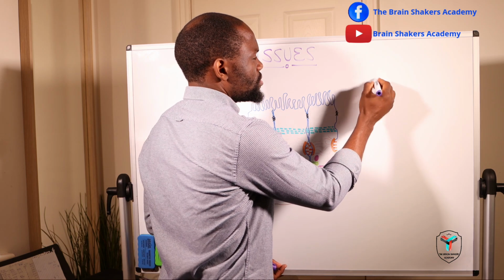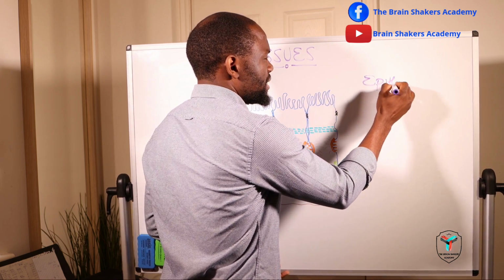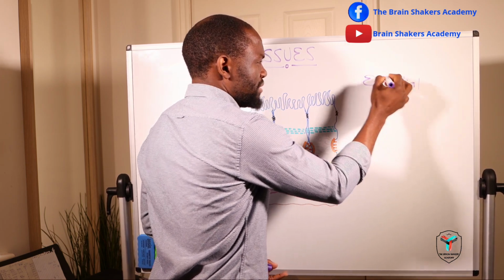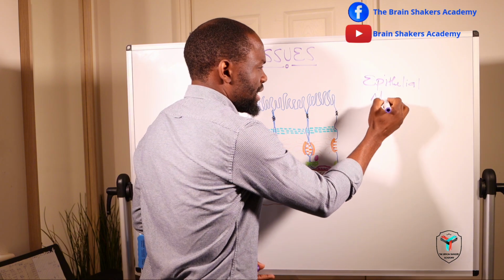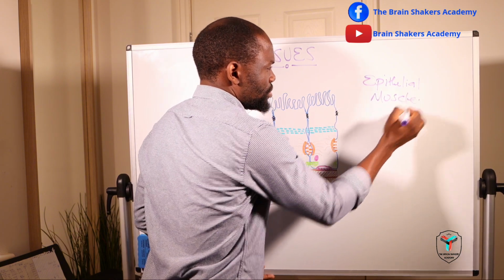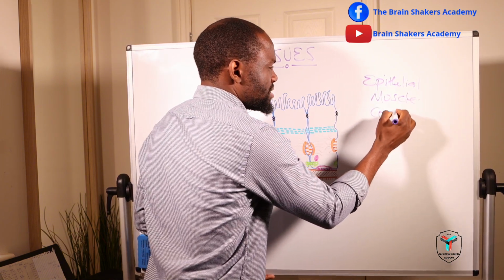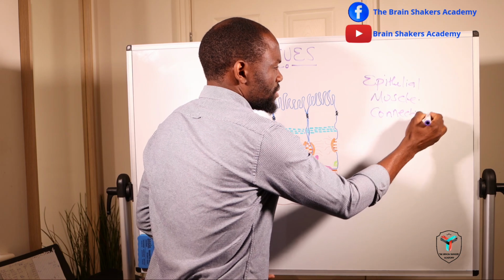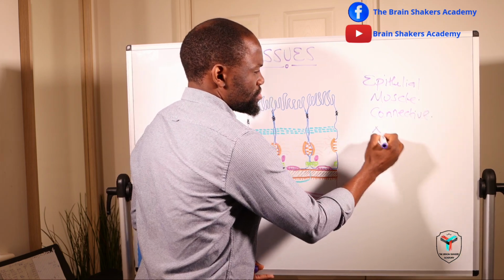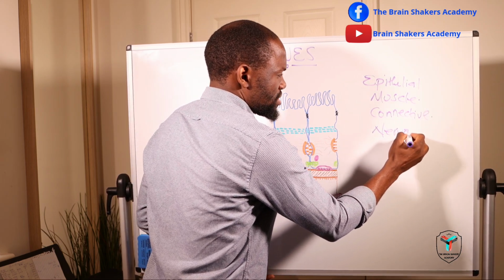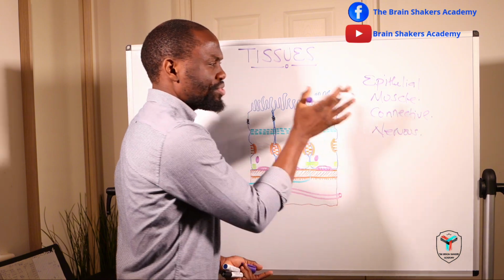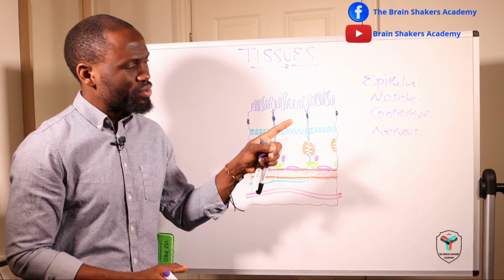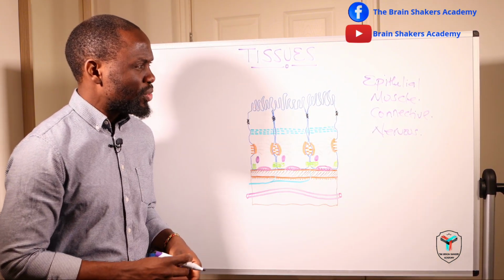Number 1, we can talk about the epithelial tissue. So we have an epithelial tissue, we have a muscle tissue, we have connective tissues, and then we also have a nervous tissue. Okay, so those are the 4 principal tissues.